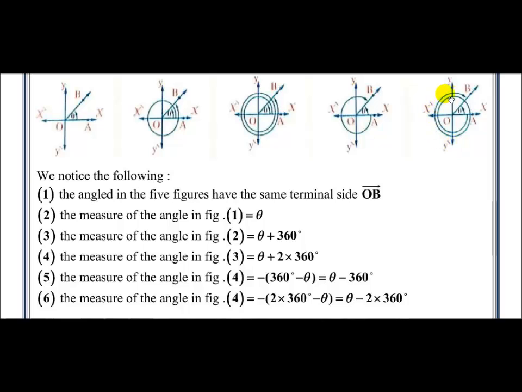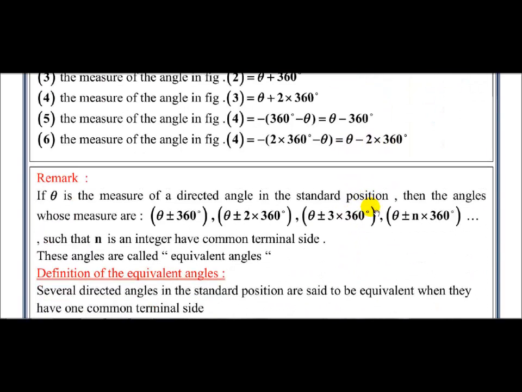Then another minus 360, so the measure of this directed angle is theta minus 2 times 360.